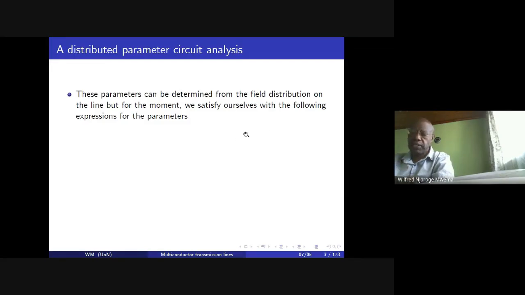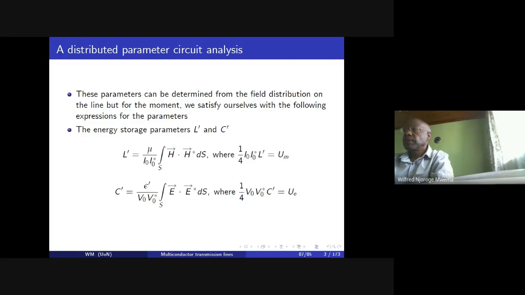I could always refer you to the electrostatic case, when you are dealing with the energy stored in the electric field and the magnetic field, which we saw was an integral of an energy density, and so forth. So we are going to use energy storage parameters L prime and C prime.